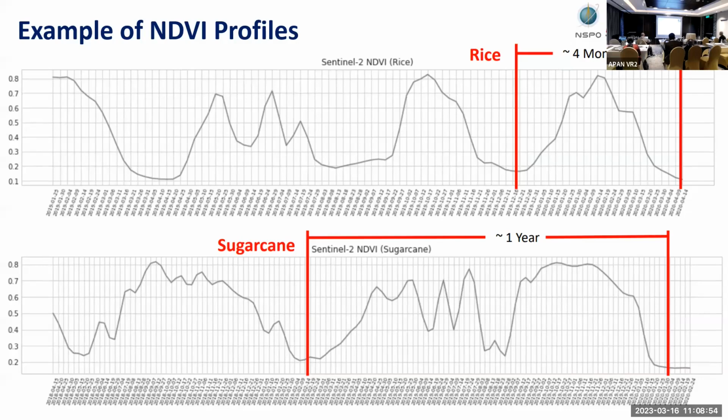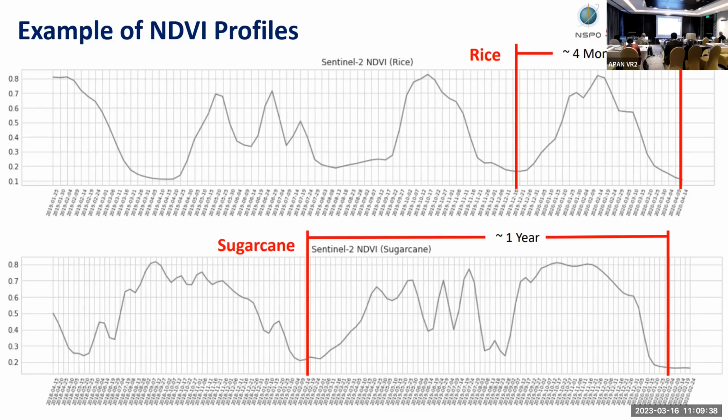Since the cube is not just one image, it is a stack of images in three dimensions. Think about it: you can have just one pixel, but a different temporal profile. The top part of this slide is a rice field, one pixel in the rice field over about two years. There are many seasons in there, but one crop of rice is in that red box.